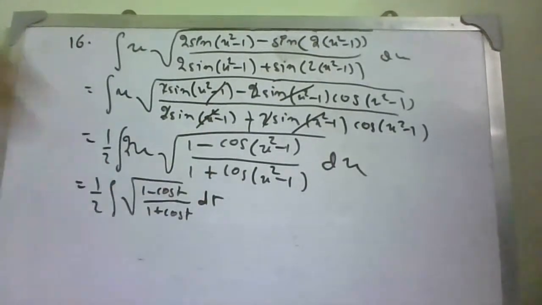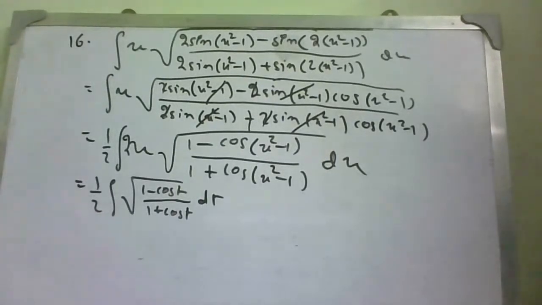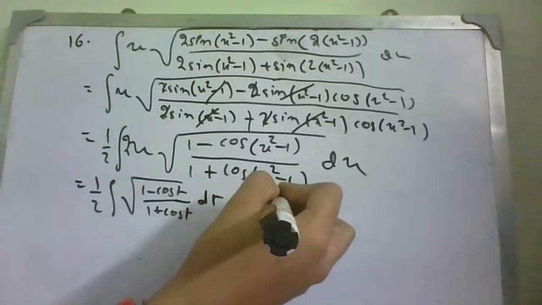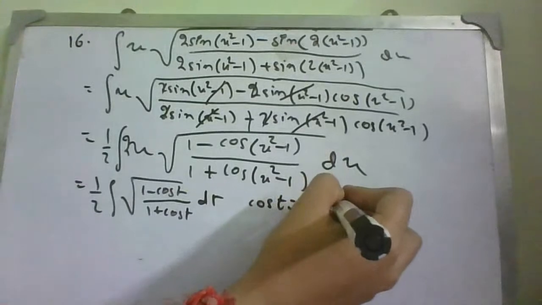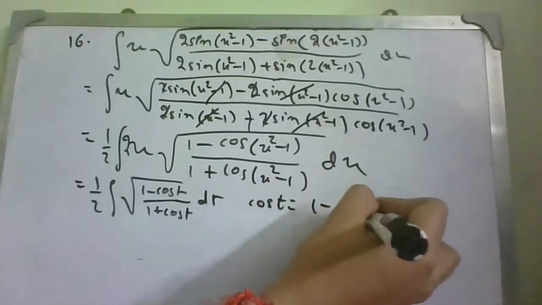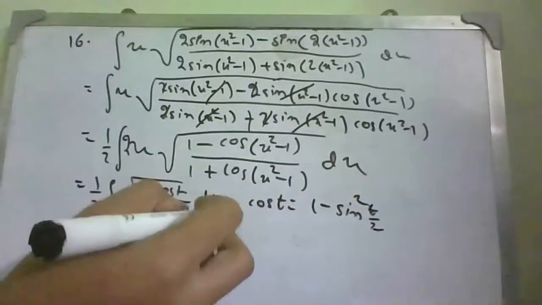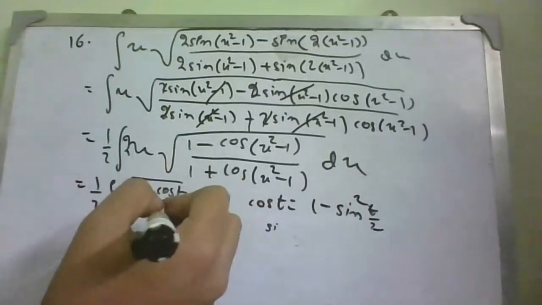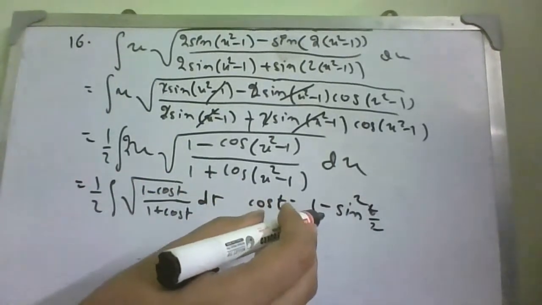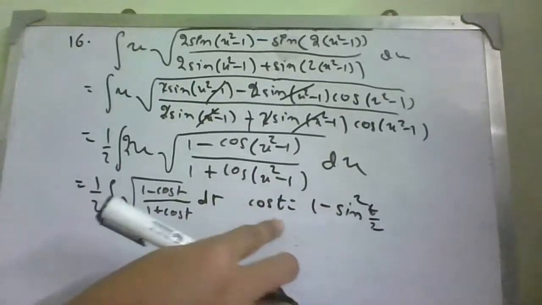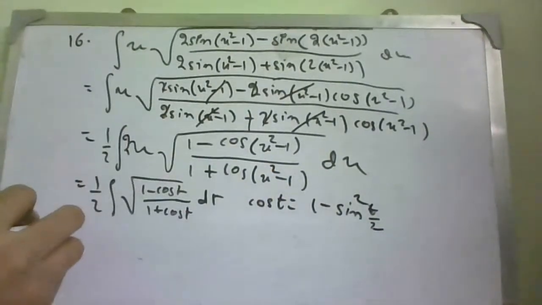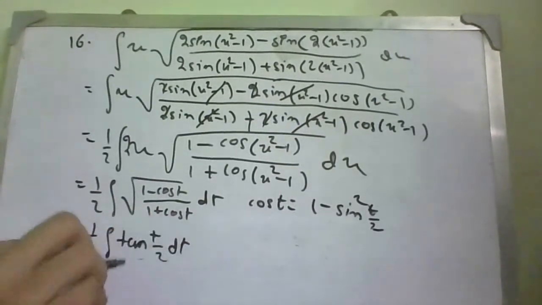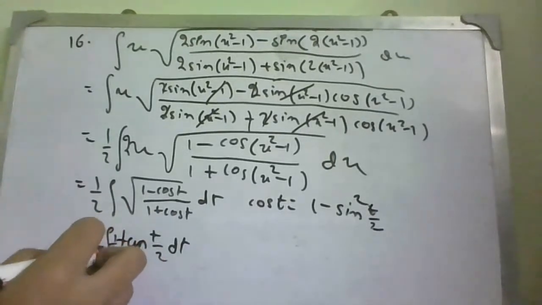Now what is this thing? This is actually tan of t by 2. Why is it tan of t by 2? Because we can write cos t as 1 minus 2 sine square t by 2 in one case, and 2 cos square t by 2 minus 1 in the other. So if we subtract, we have sine t by 2 in the numerator, and if we add, we have cos t by 2 in the denominator. So this is basically half of tan t by 2 dt. We already have half over here, so there is no problem at all.